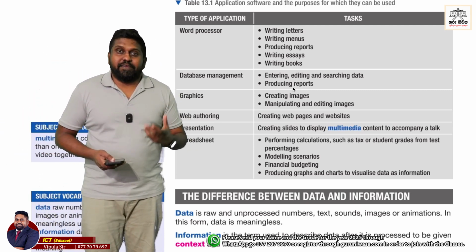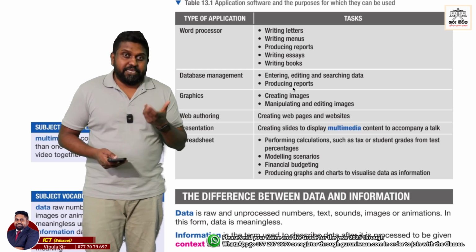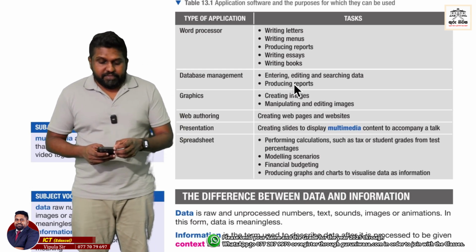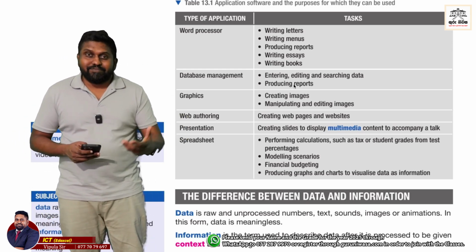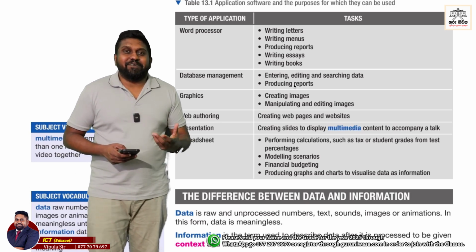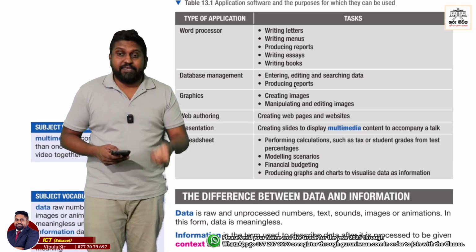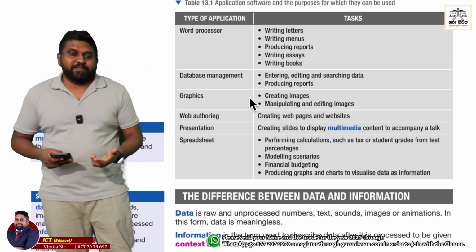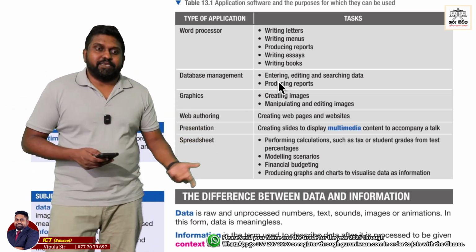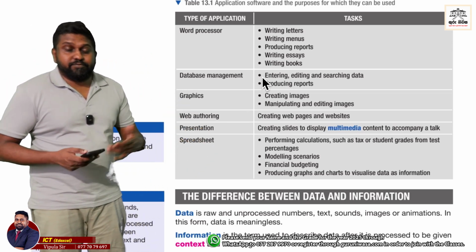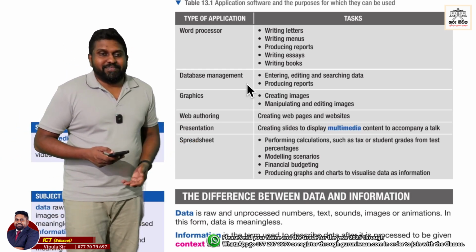So they need extremely accurate reports, because they have to keep track of what is exactly going on. They need to see how many sales have been done and so on and so forth. So for that, the database should be able to generate all these things.